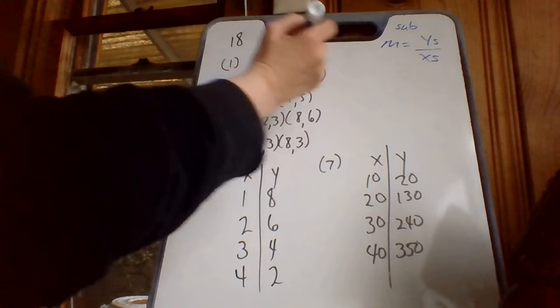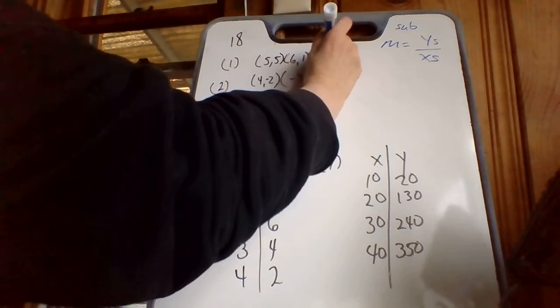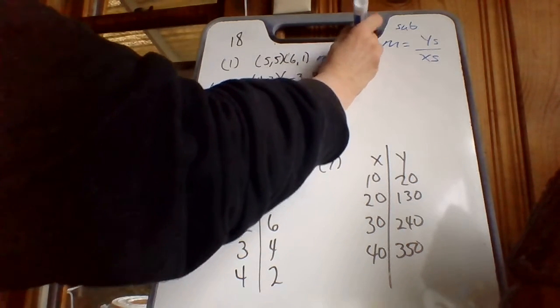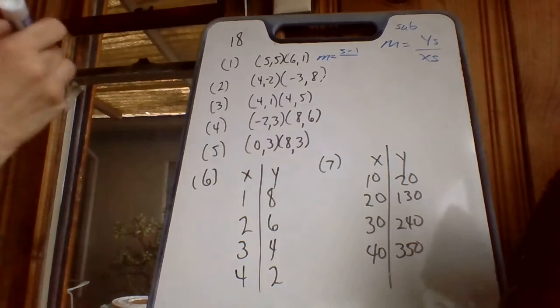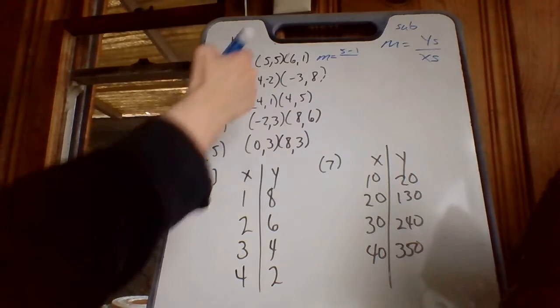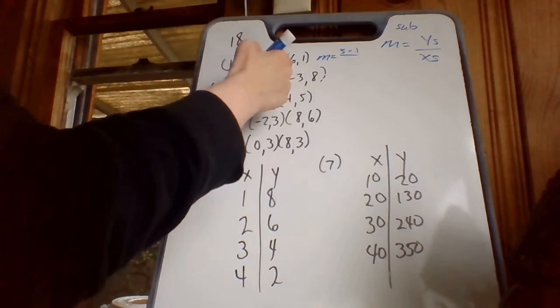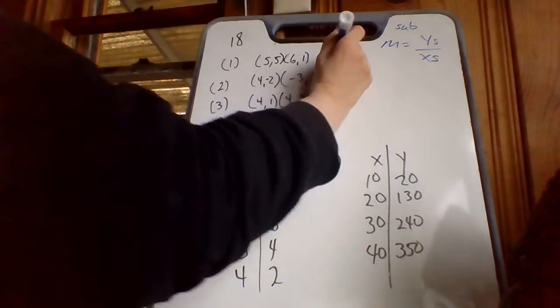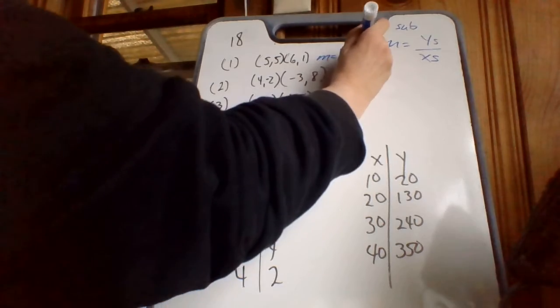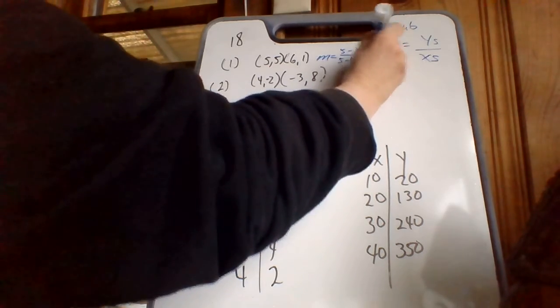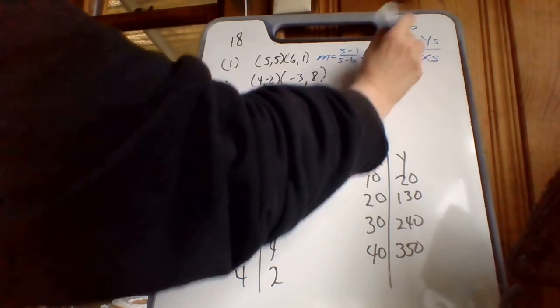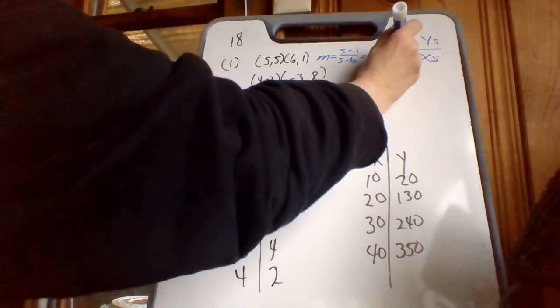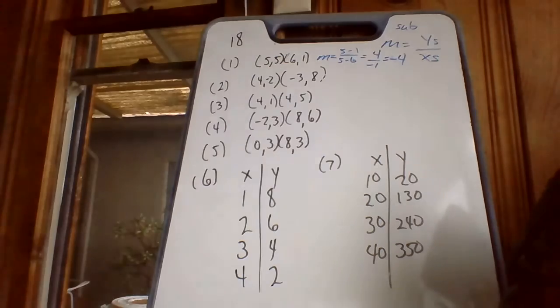I got my 5 and my 1. 5 minus 1, because we're supposed to be doing subtraction, over the x's, and be consistent. So if I started with 5 here, I can't suddenly start with 6. I've got to start with the same point both times. 5 minus 6. So that's 4 over negative 1. That's negative 4. And that's all you have to do for these problems.